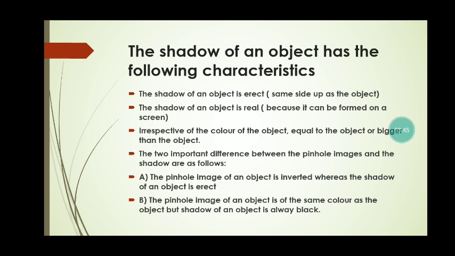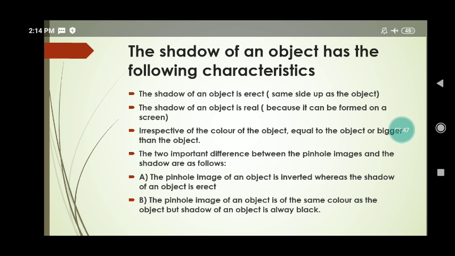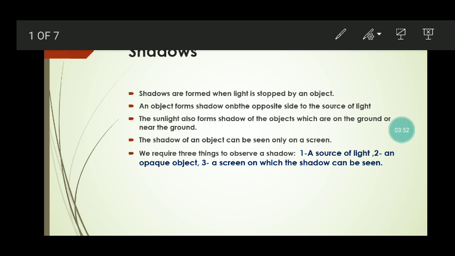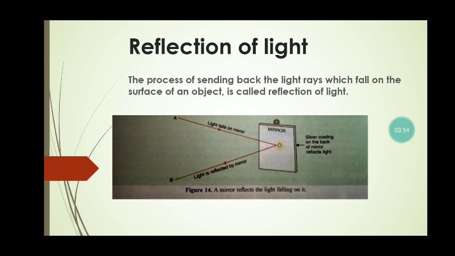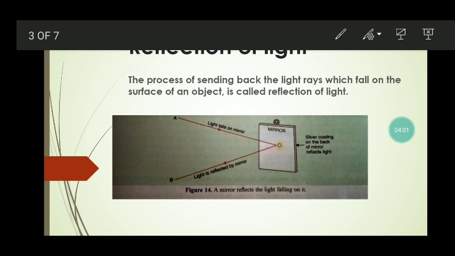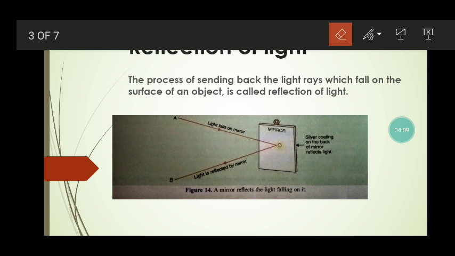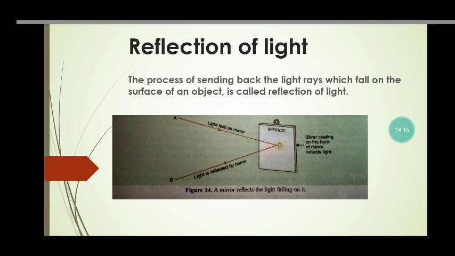Here we can see the light AO falls on the mirror and comes back, it reflects back along OB. That is called reflection of light.